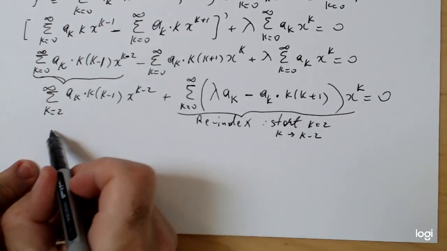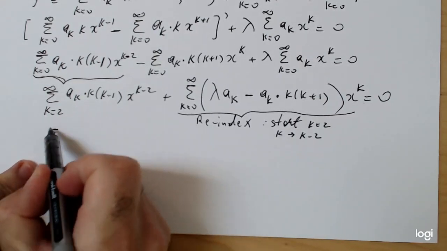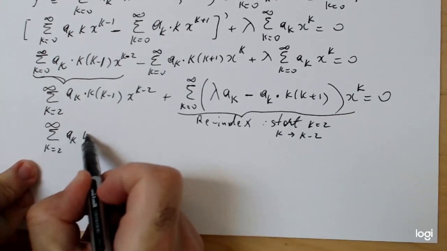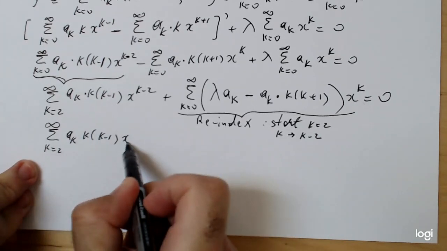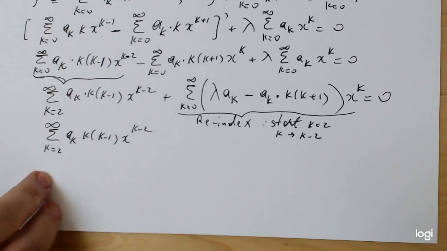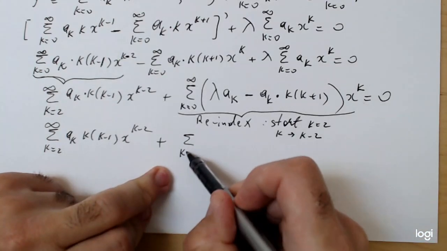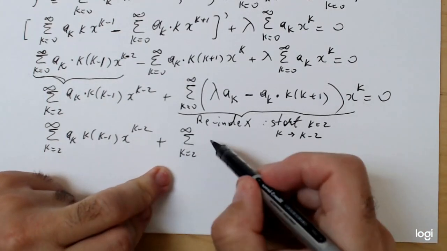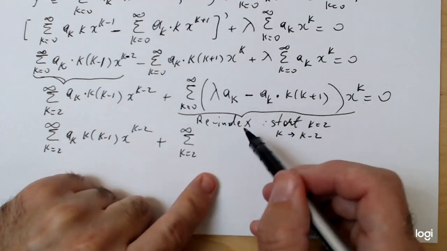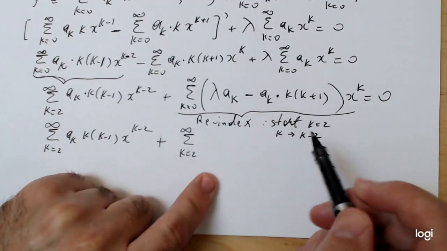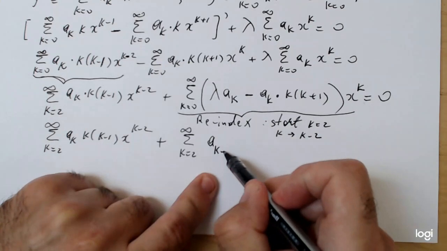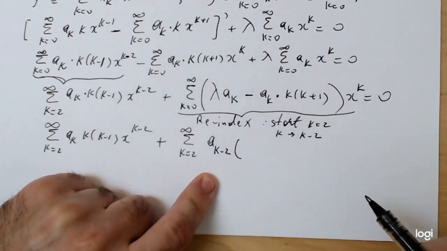So the first summation stays the same. And the second summation starts from 2. And let's pull the a_k out. So again, k is replaced by k minus 2. So I'm going to have a_{k-2} on the outside.